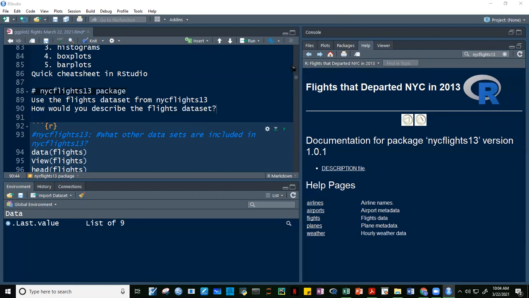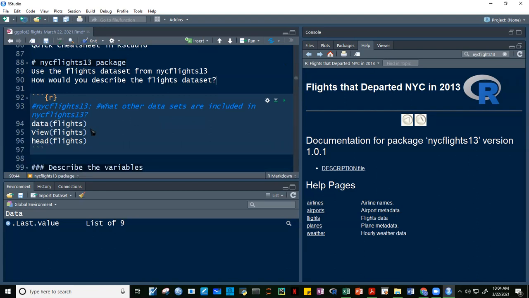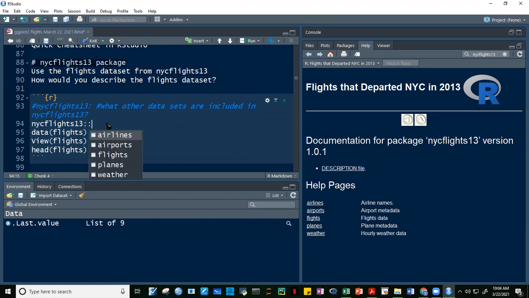So how do we get what other data sets are included in nycflights? I've shown that here. If you type nycflights, I always forget 13, and then the double colon, guys, here will appear the data sets that come with nycflights13: airlines, airports, flights, planes, and weather.